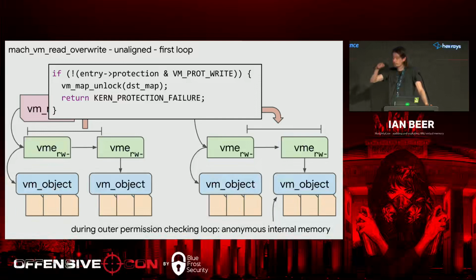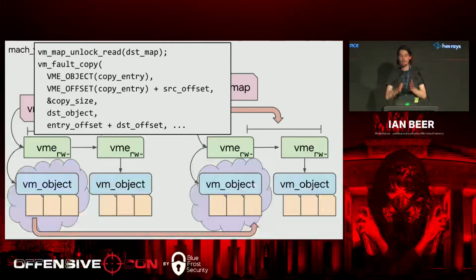During this first loop where we walk through the VMEs holding the lock, we just put a regular anonymous internal memory object here. We have the writable bit set, so this is going to be fine. We perform the first copy, which copies from that first VM object on the left to the first one in the destination map. And while that's happening, the destination map is unlocked.